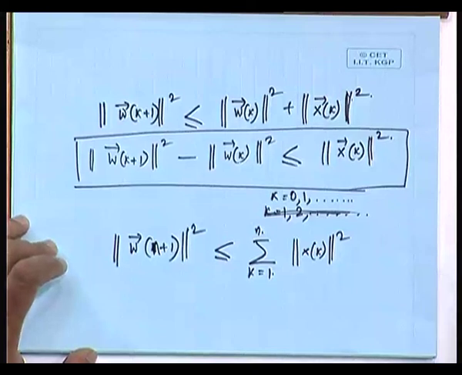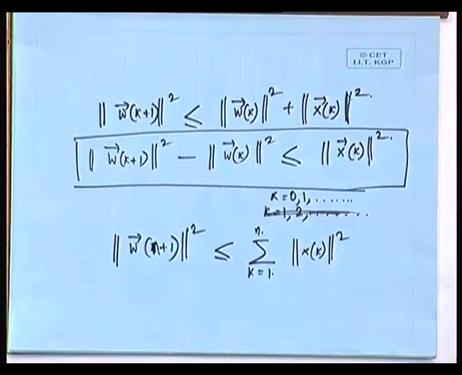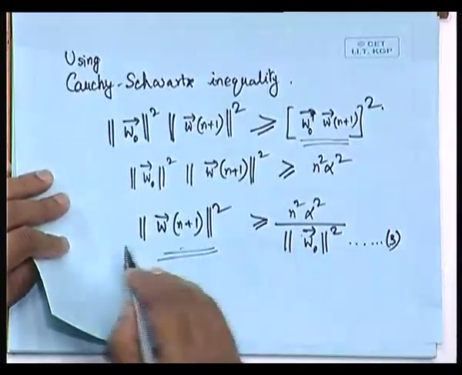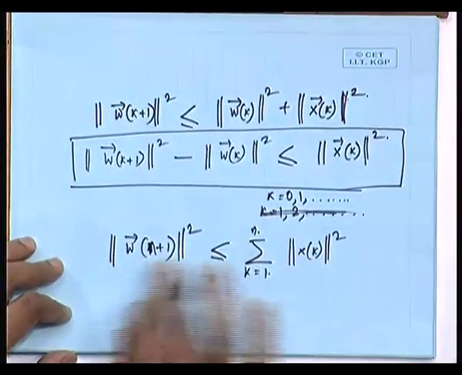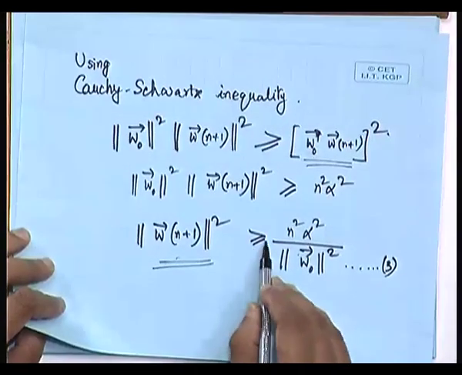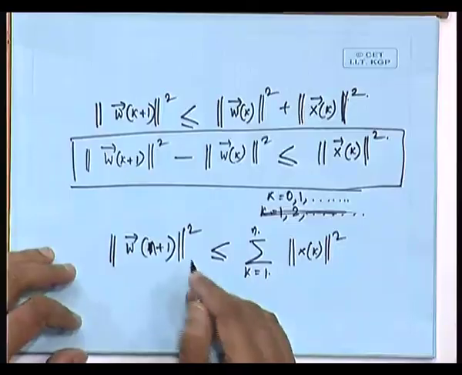So w n plus 1 square, we have already got one expression of w n plus 1, remember this, and now we are going to get something new. One new thing is, earlier it was greater than or equal to something, whereas here it is less than or equal to something.